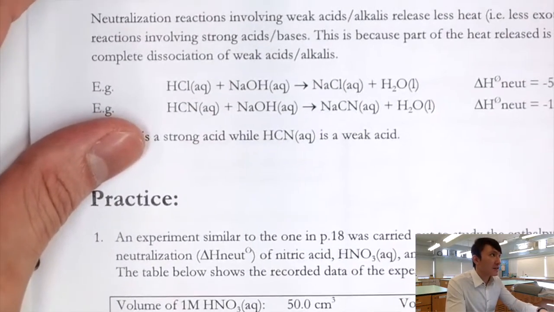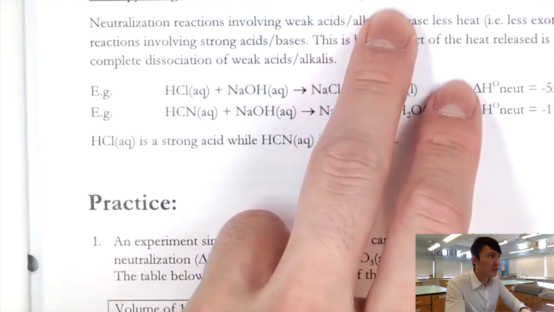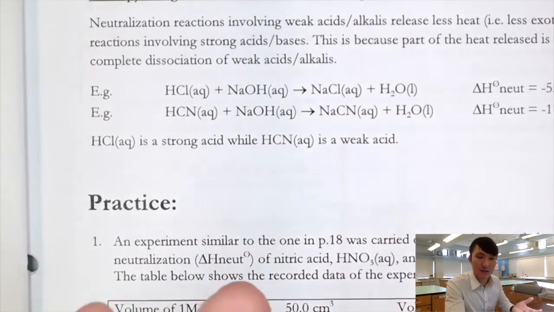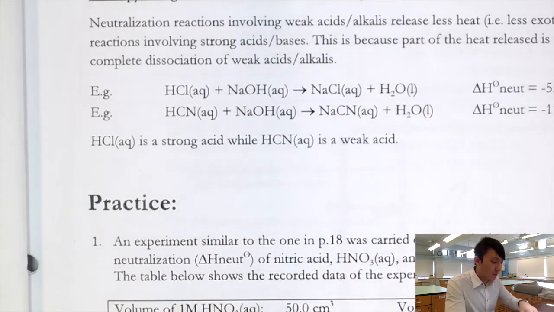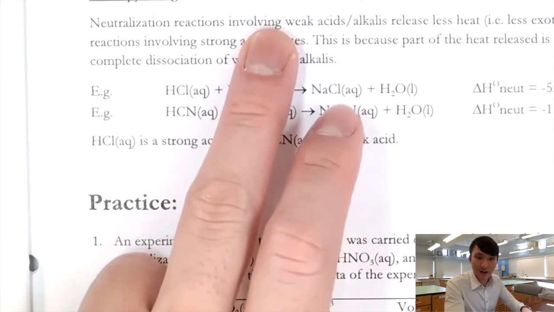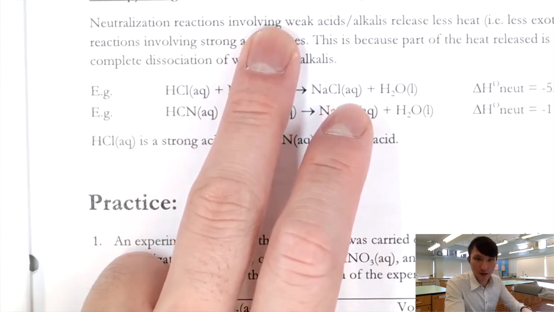This part is concerning the strength of acid and alkaline. As you have learned in topic 4, acid and alkaline, you know that the strength of acid also affects the heat released as they undergo neutralization. The reason is that strong acids completely ionize in water to give us H plus aq.